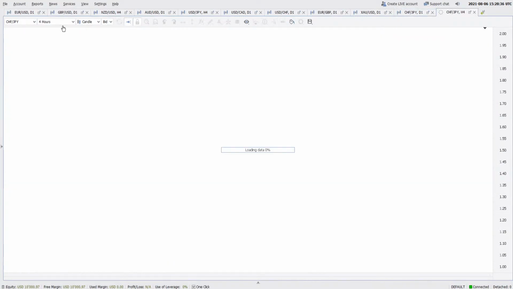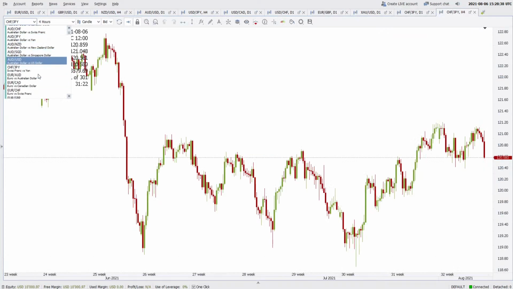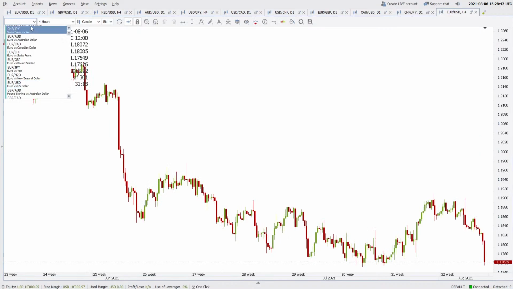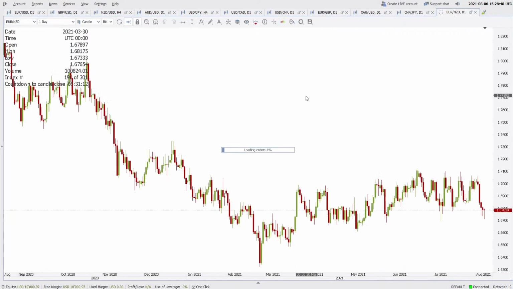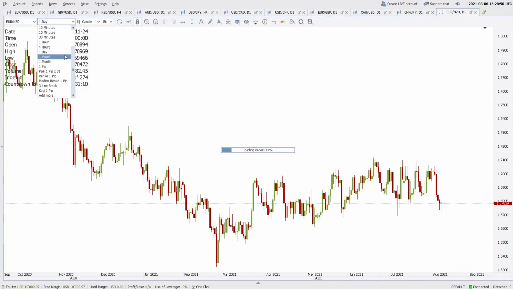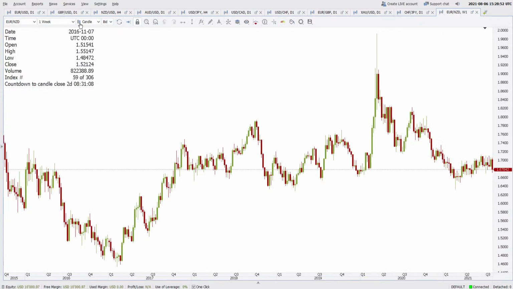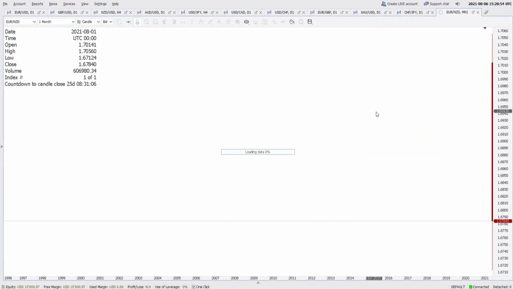So let's talk about the euro and New Zealand. You know what, actually I shorted Euro New Zealand in one of my accounts. And I will show you something of interest, maybe weekly and monthly.